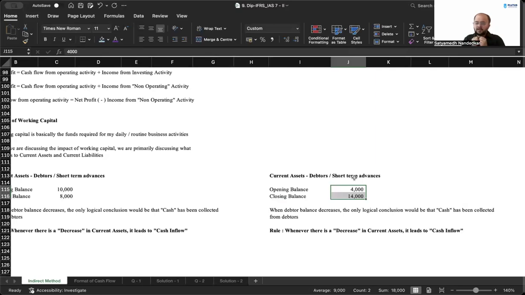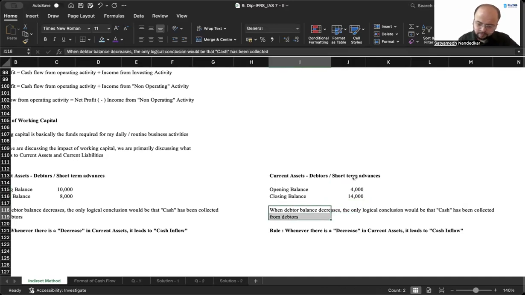At the beginning of the month I gave you 4,000, so balance receivable at the beginning of the month was 4, then balance receivable at the end of the month was 14, and the only logical explanation is that additional loan or additional advance must have been given to you.